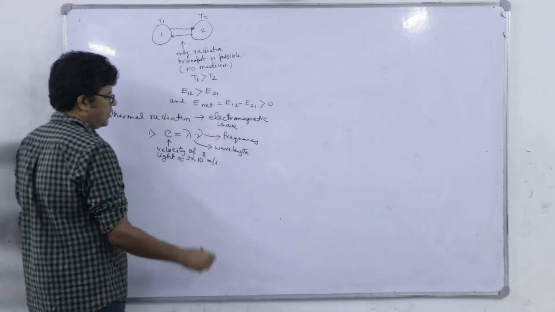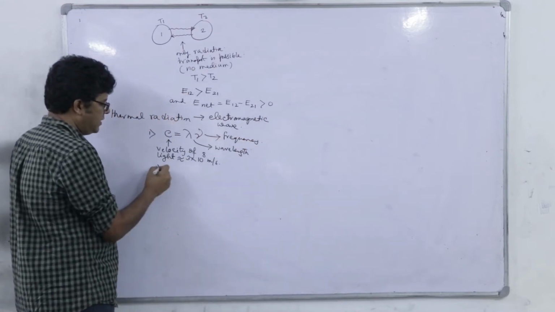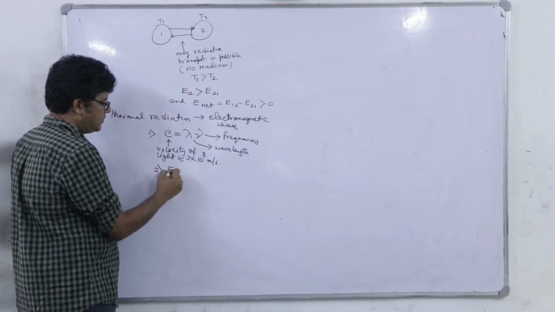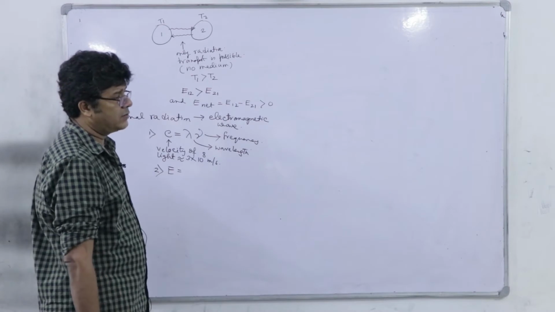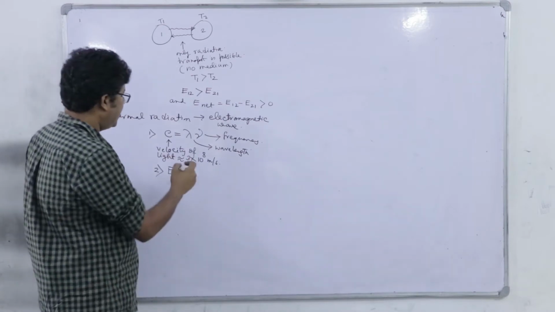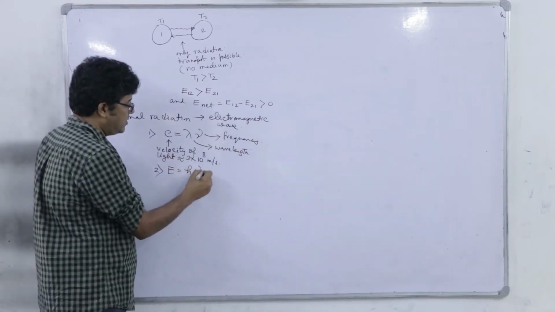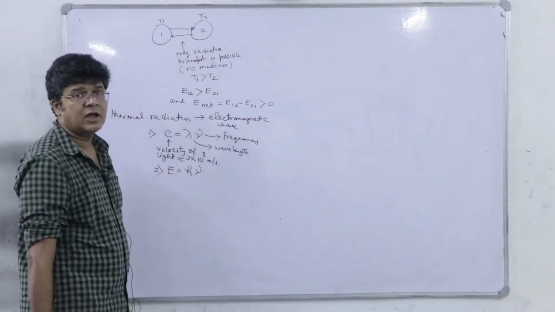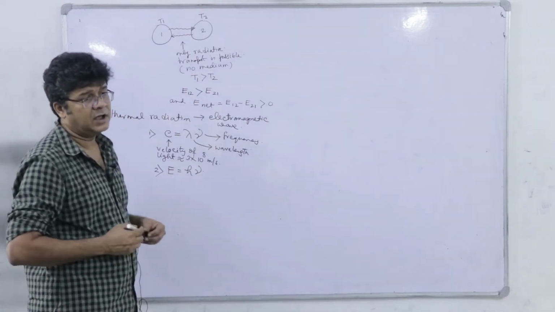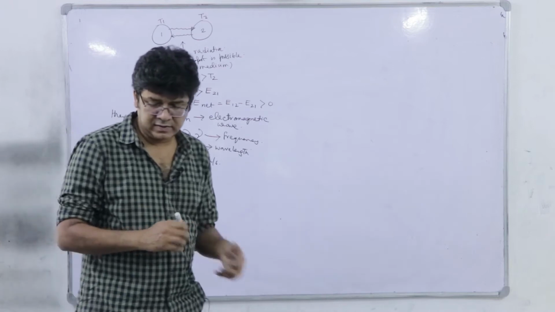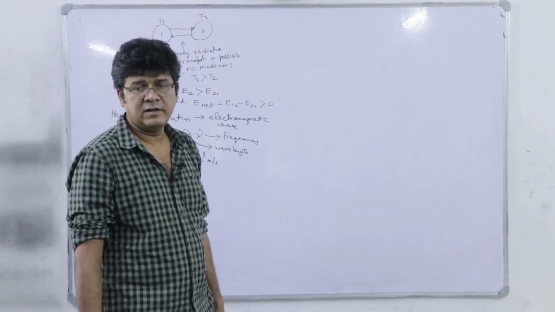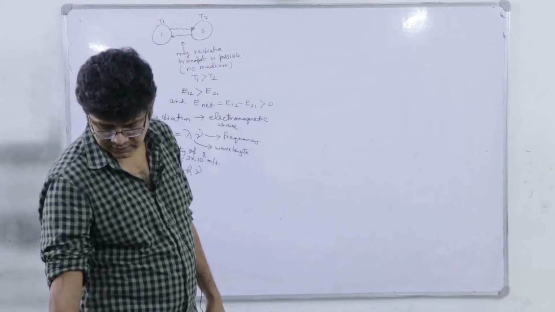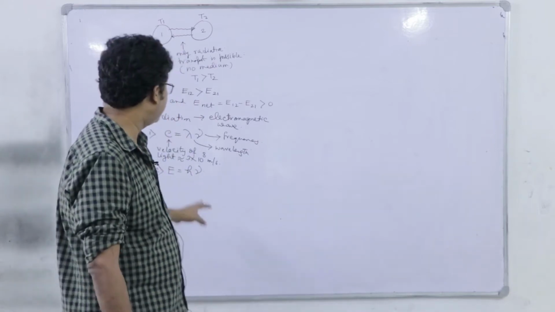Additionally we have the Planck hypothesis that the energy of electromagnetic radiation per quantum is equal to h into nu, where h is the Planck constant, which is a universal constant, and its exact value is 6.6256 into 10 to the power minus 34 joule second, right.